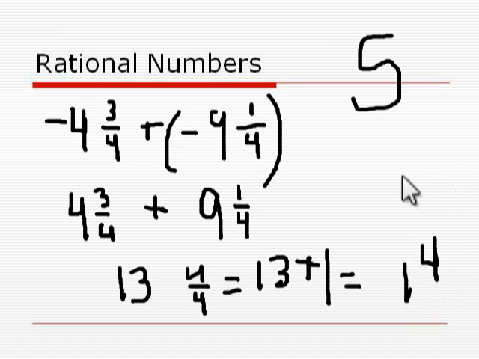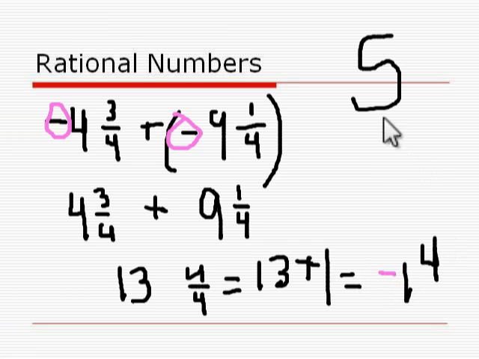Okay, and then I have to decide what sign the answer is. So I'm going to look at the signs. Remember, the signs are the same. So I add and keep the sign. The signs are both negative. And so therefore, because both of these signs are negative, I'm going to keep the sign. So my answer is going to be negative 14.